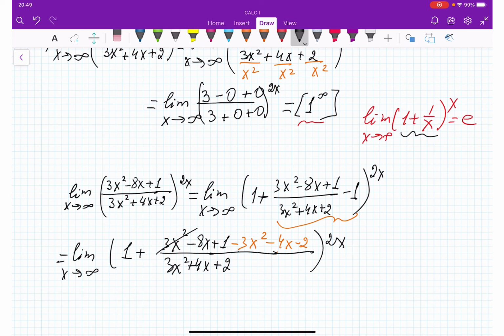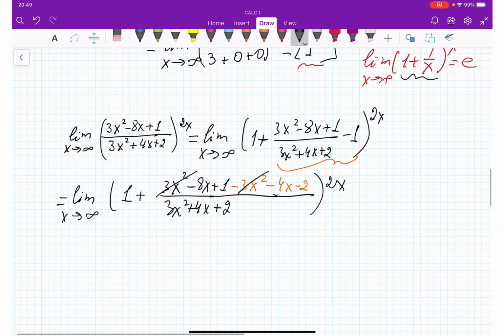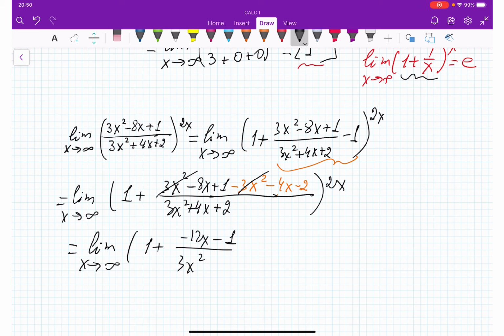Let's see, this is gone with this. As a result, we have limit as x approaches infinity, 1 plus negative 12x minus 1 over 3x squared plus 4x plus 2. Now since this is going to be my 1 over x, then here I have to have the exponent of x, right?